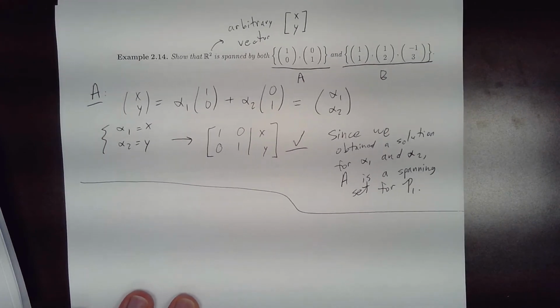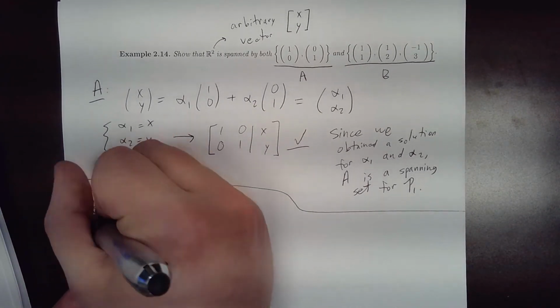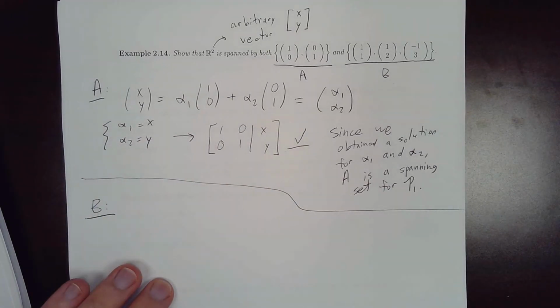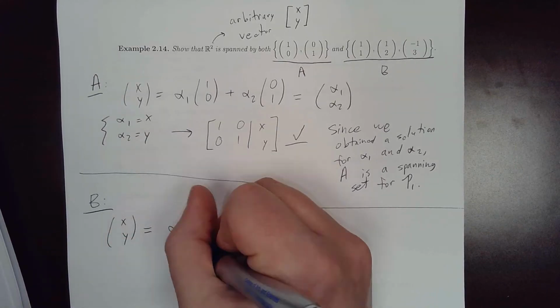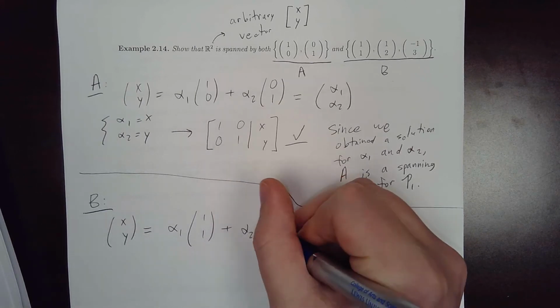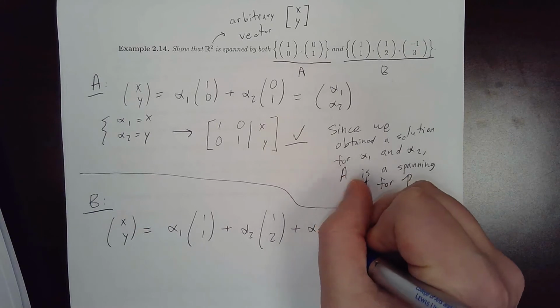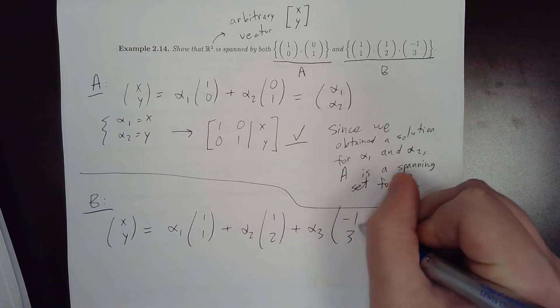Okay, so that was pretty straightforward. Let's say we wanted to use our set B. Then we set xy, our arbitrary vector, equal to alpha 1 times 1, 1 plus alpha 2 times 1, 2 plus alpha 3 times negative 1, 3.